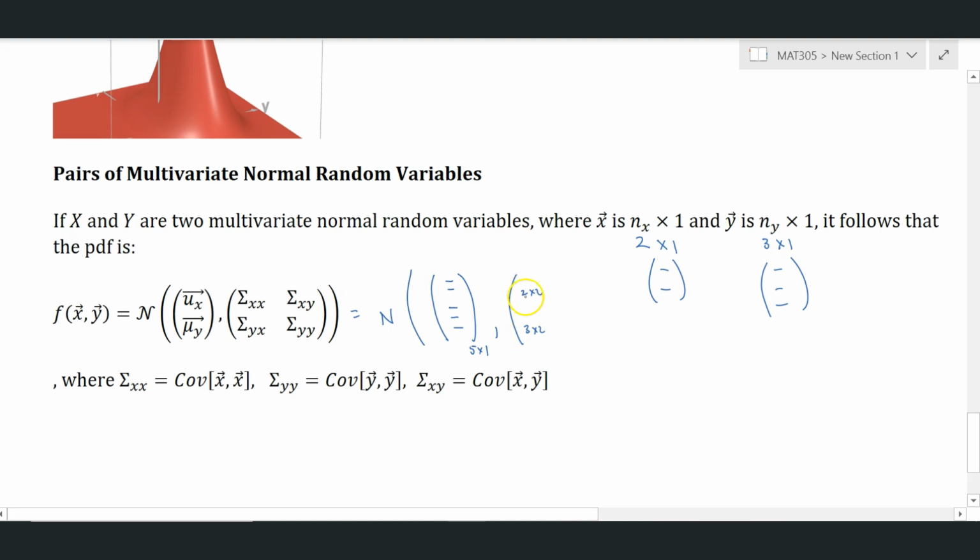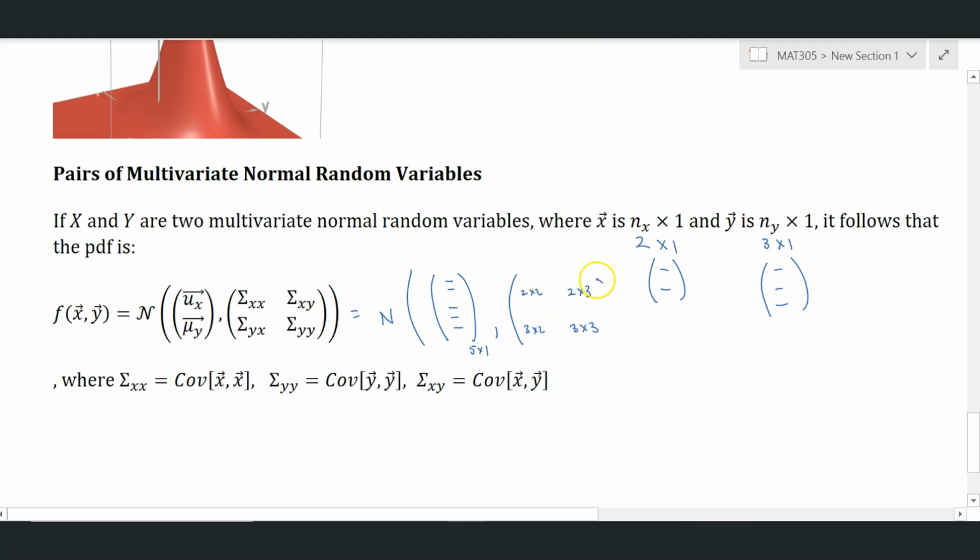So notice you'll have a total of 5 rows, and this will give us 2 columns, but then also over here, the sigma sub xy will be a 2x3 variance covariance, because it's x along the rows, y along the columns, and here y will be a 3x3.